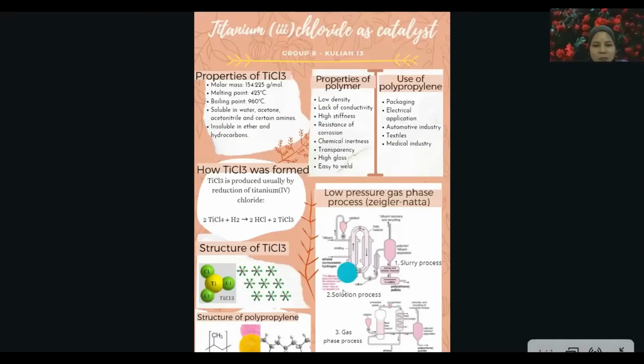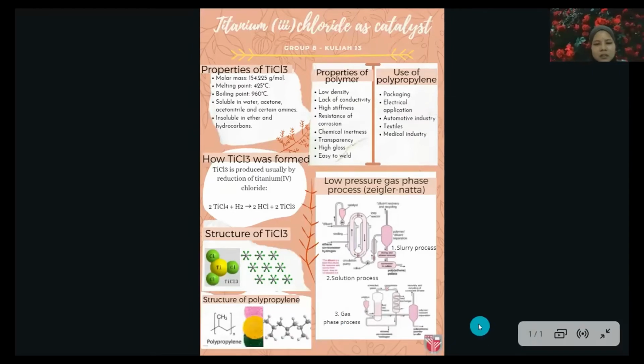Okay, so properties of polymer. Polymers have a low density, which makes them easier to lift, a lack of conductivity for both heat and electricity, and high stiffness. Polymer is also resistant to corrosion, chemically inert, and transparent.